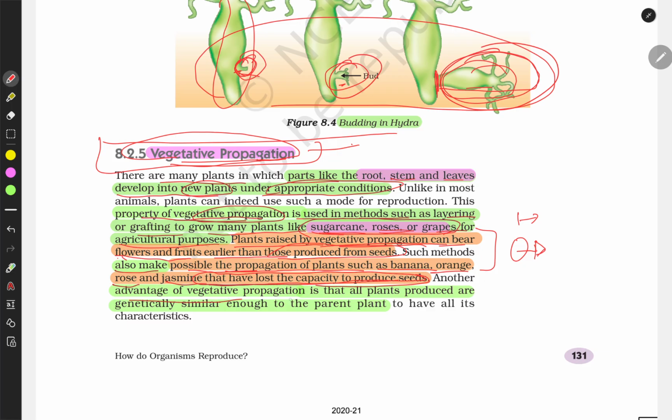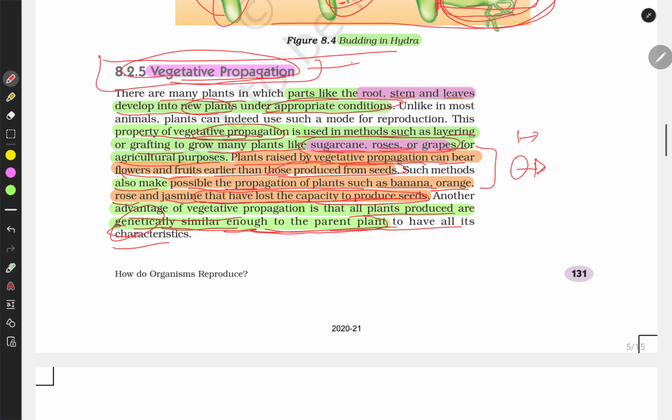Another advantage is that plants produced are genetically similar enough to the parent plant to have all the characteristics. The plants produced by vegetative propagation are generally similar.